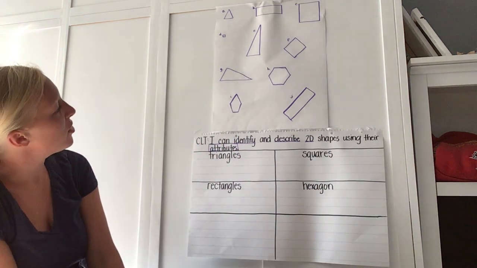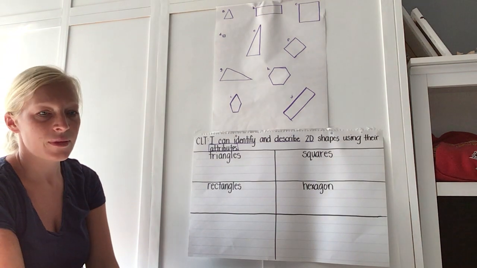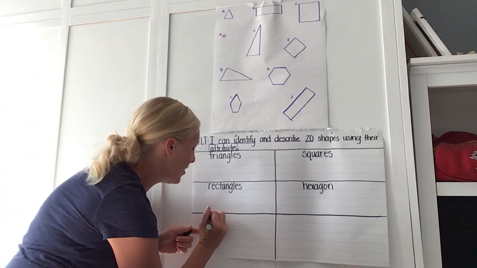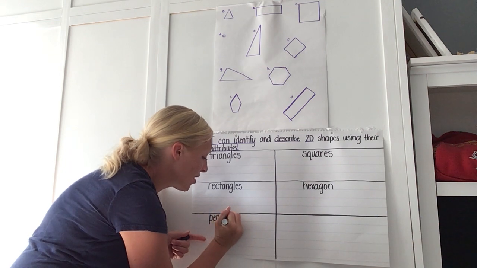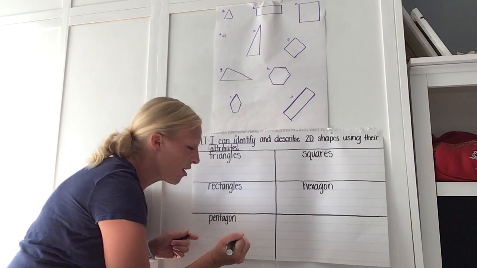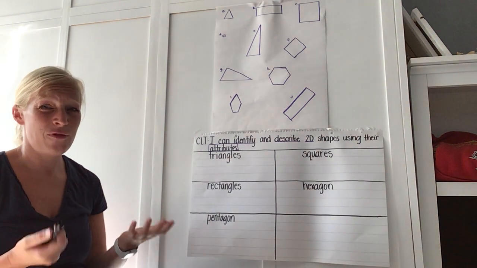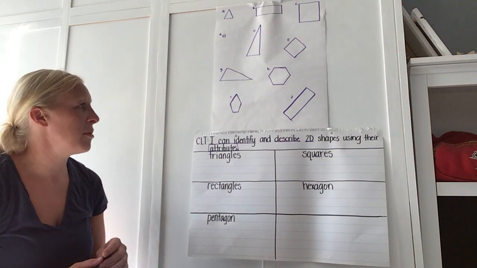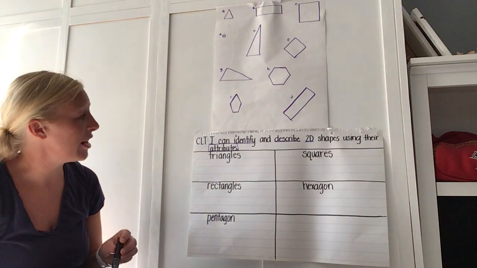And is there a shape that you see up there that we haven't shared yet? There's a pentagon. If you know what a pentagon is, give me a thumb in front of your tummy. That's a new one, isn't it? So I'm seeing a few thumbs, but not very many thumbs. That's okay. That's what we're going to learn this year in second grade.